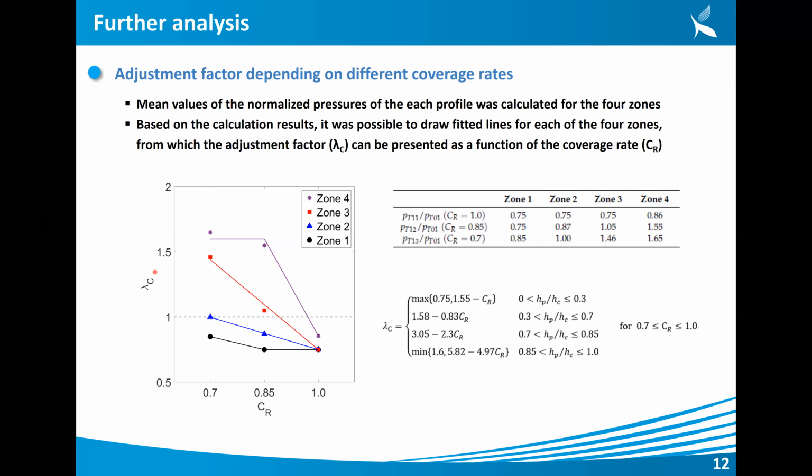Then it is possible to draw fitted lines for each of the 4 zones that follow the data and to obtain simplified relationship between lambda C and CR based on the fitted lines, as suggested in the equation shown here.